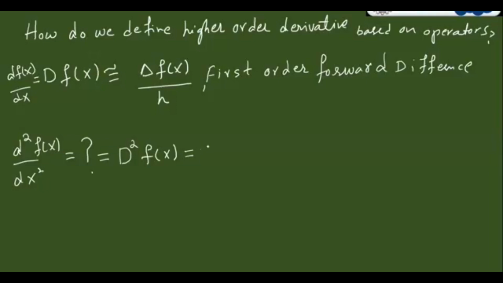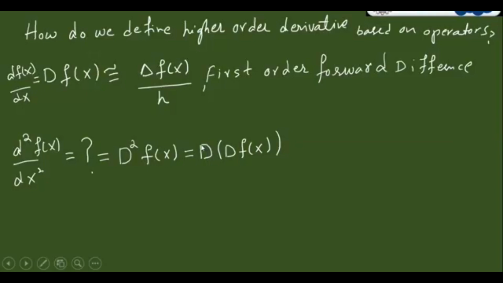In operators it is exactly the same: you have to apply the operator twice. You first apply the operator d of f of x on this function, and whatever answer you get in this bracket, you apply d again.